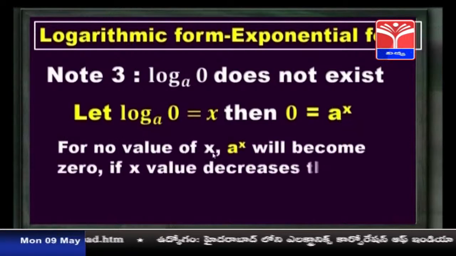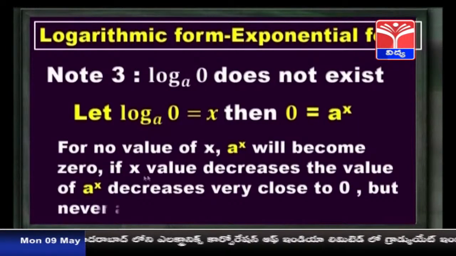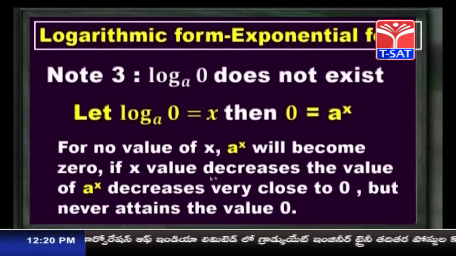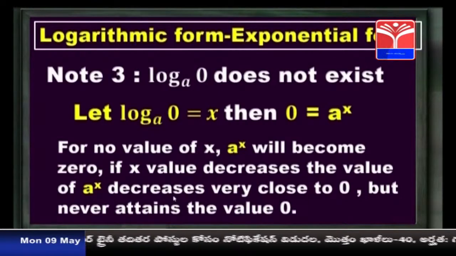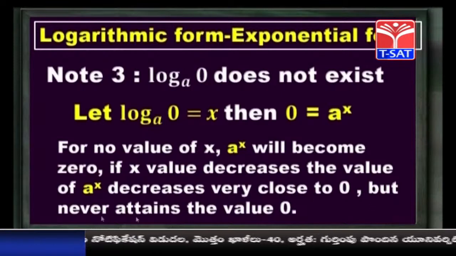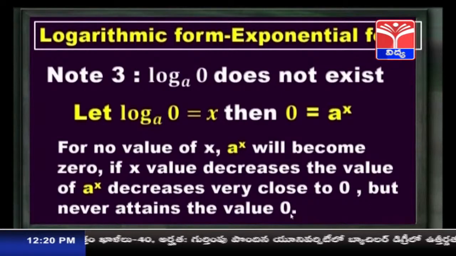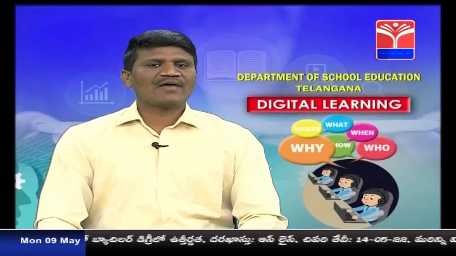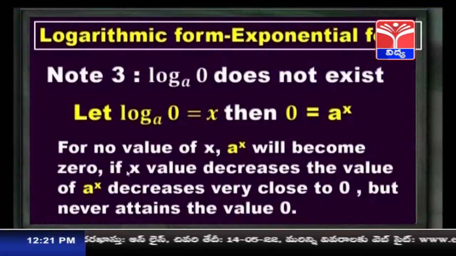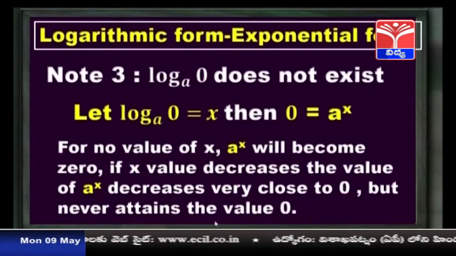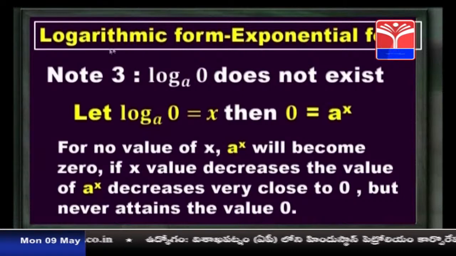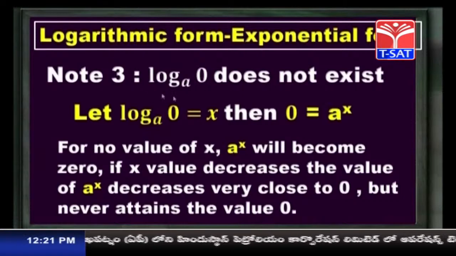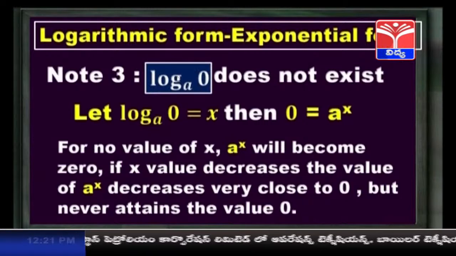For no value of x will a power x become 0. If x value decreases, the value of a power x decreases very close to 0, but never attains the value 0, because as we have seen in the graph. So that is why log 0 does not exist.